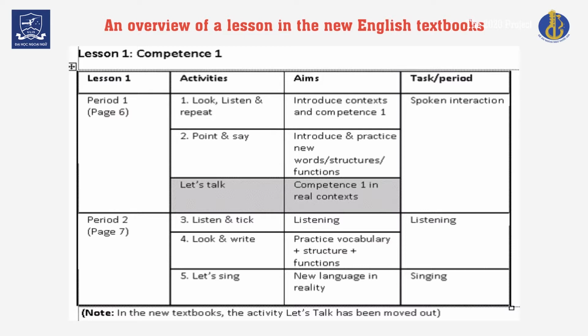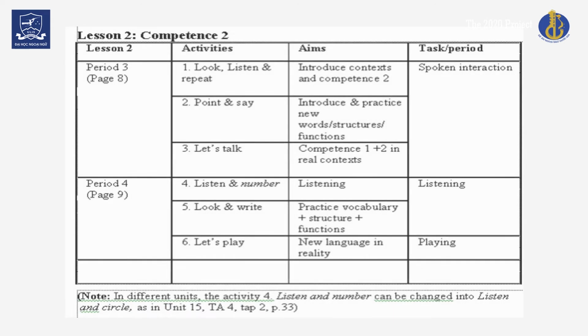The older version has activity 3, let's talk, in period 1. English textbooks 3 and 5 still have activity 3, let's talk. Here is lesson 2 with the aims of developing competence 2. There are 6 activities, 3 in each period.